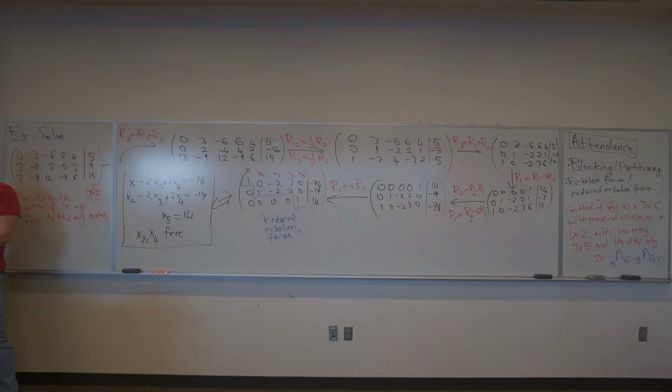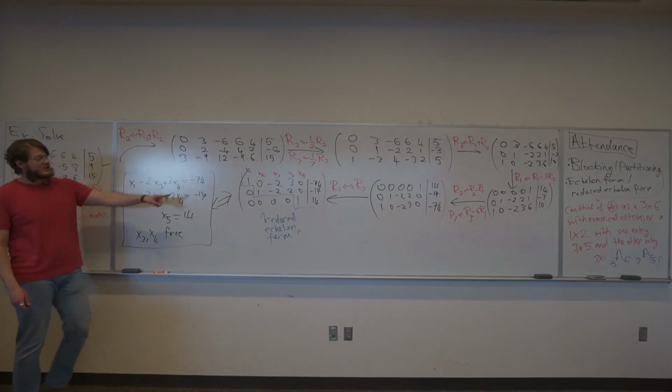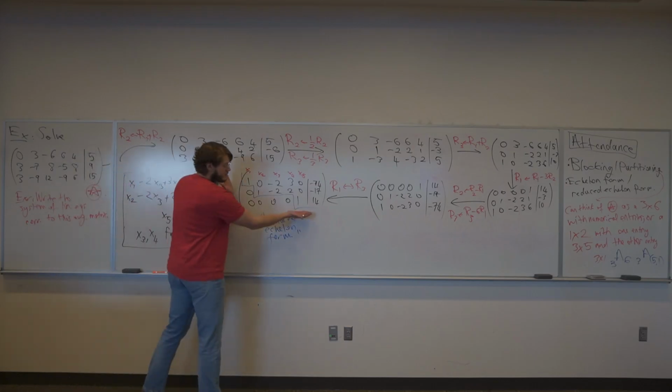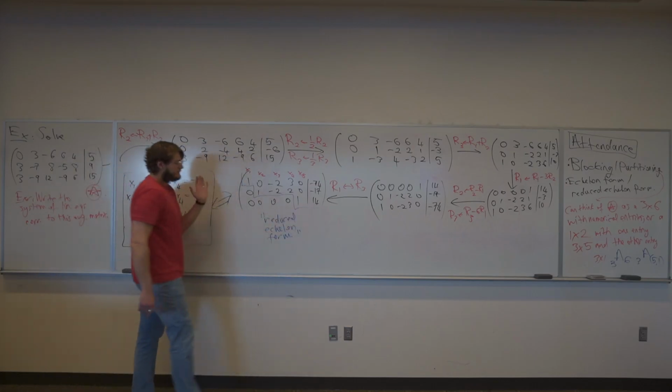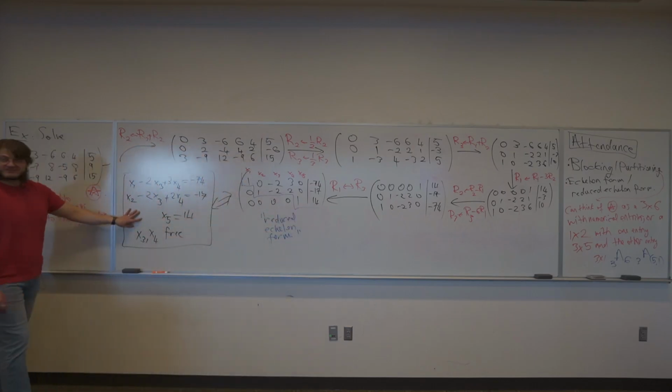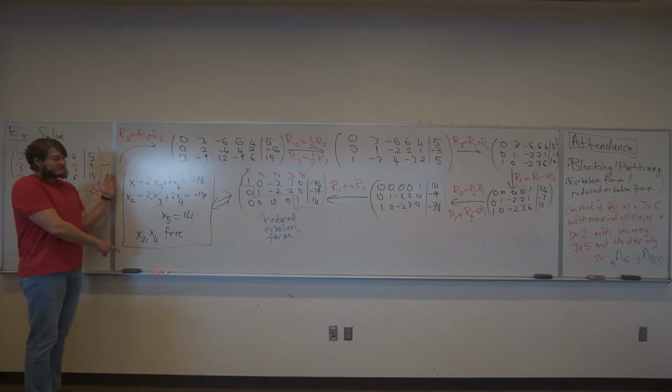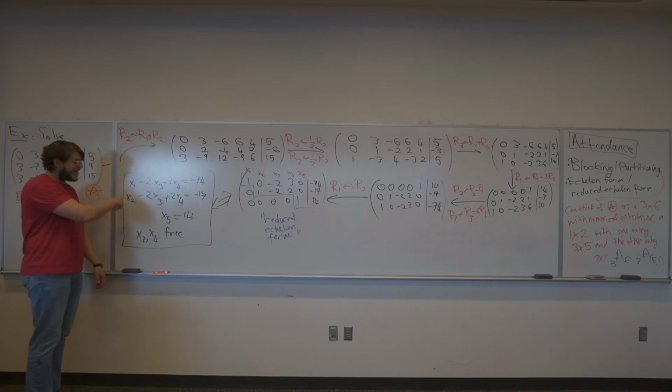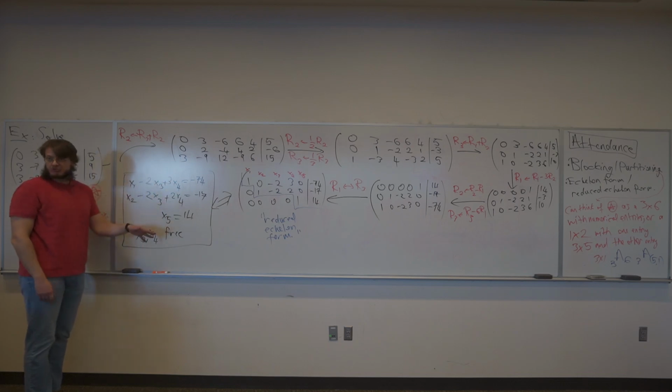Go ahead. How do you know it was x3 and x4, not x1 and x2? You could have done it that way too. It's just easier because this reduced echelon form, when you switch over to the system notation, turns into this, which allows you to simply say x1 equals whatever, x2 equals this, and so on.